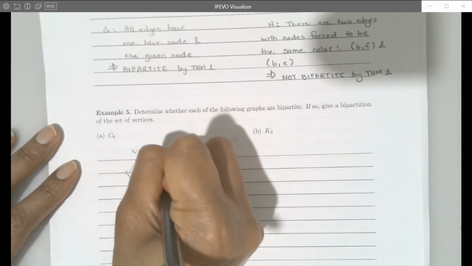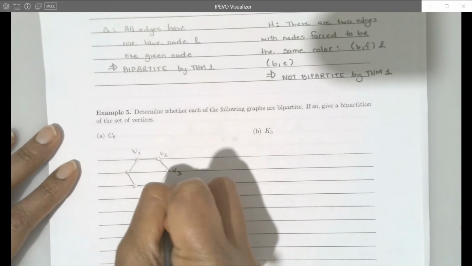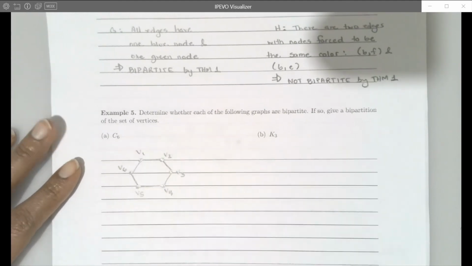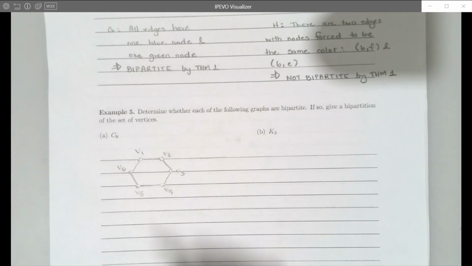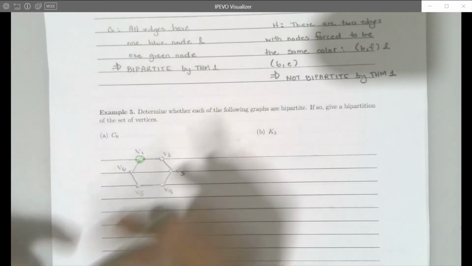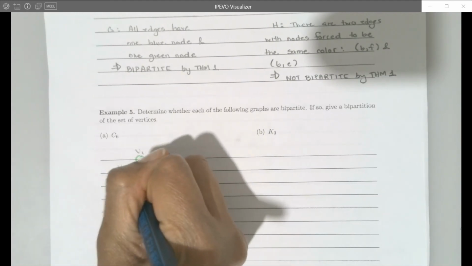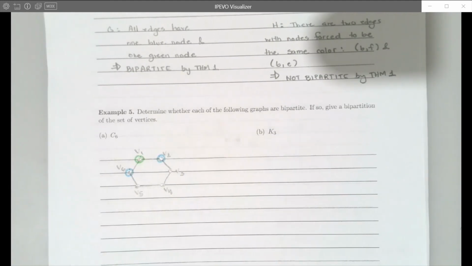I'll call this V1, V2, V3, V4, V5, and V6. And we'll start at V1, color coding it green. Then since V1 is connected to V6 and V2, those are going to be blue.